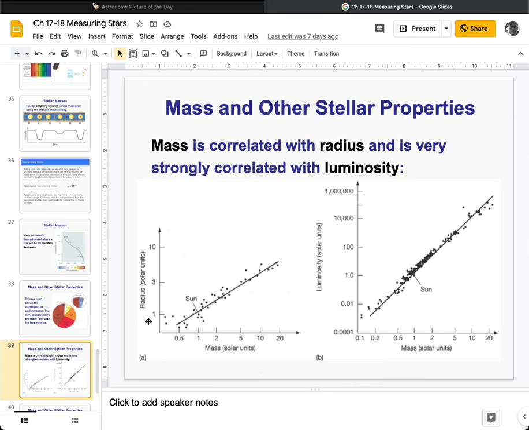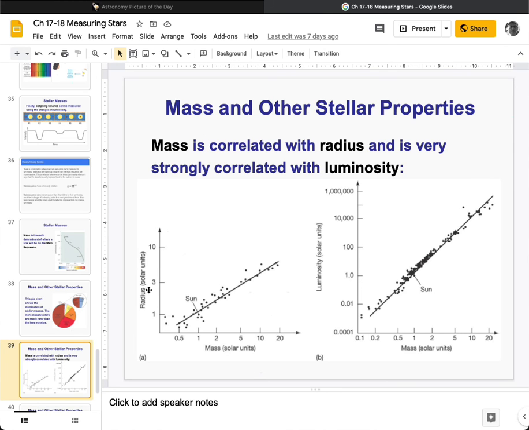So notice that this is the radius in terms of mass, and there's a pretty strong correlation between radius and mass, but it's sort of fuzzy. Now, from an educational research standpoint, this is a really strong correlation. Whenever you're plotting data from like students' tests, this will be a really tight correlation.